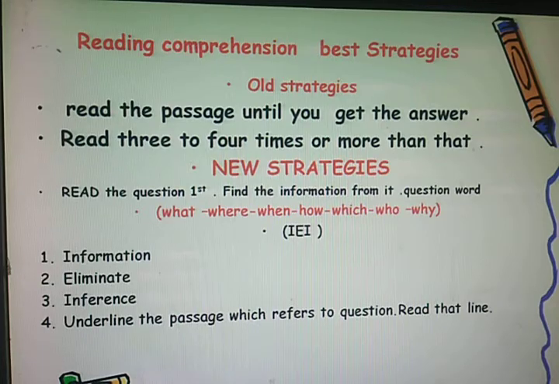Try to underline that line, because when you give another reading to that passage, you will only read the underlined words, the underlined sentences. That will budget your time, because in a short time you have to be accurate, quick, and correct also.